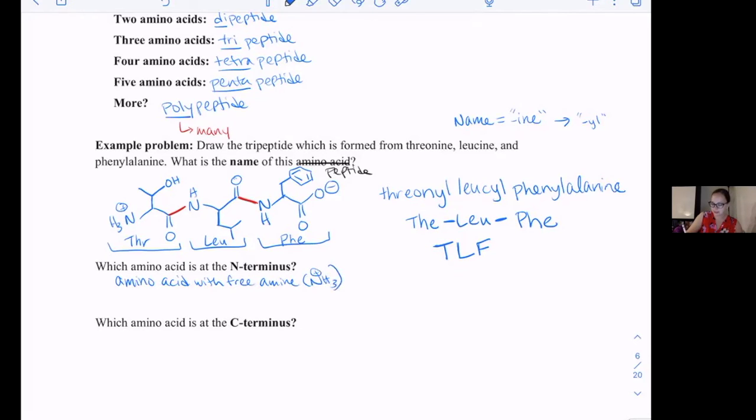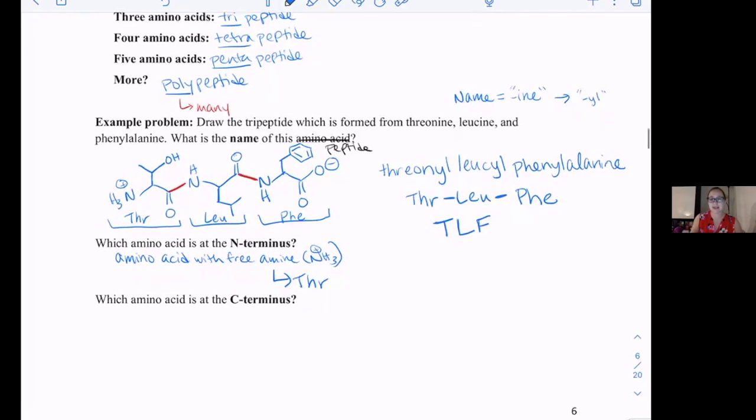Okay, so in this case, the answer to this would be threonine, our first amino acid. Oh, it's supposed to be THR. My bad. Should be that.